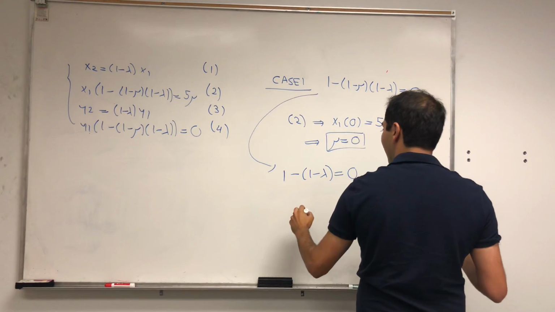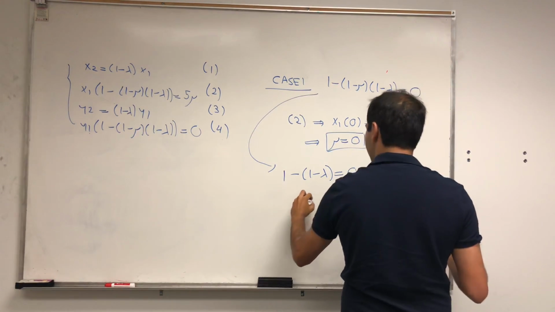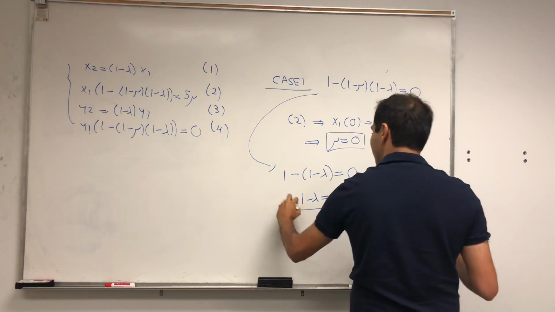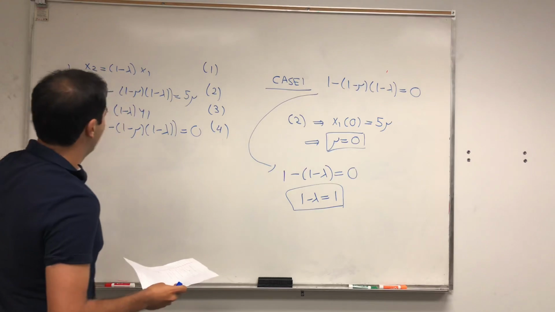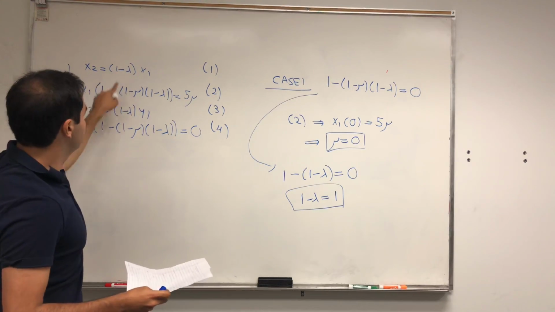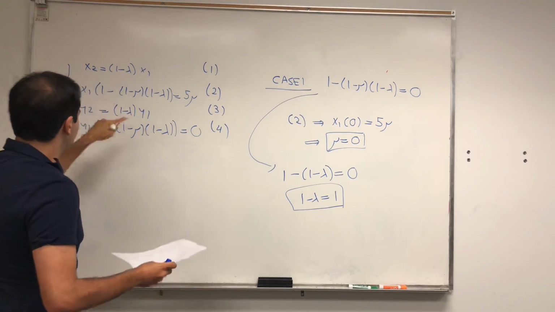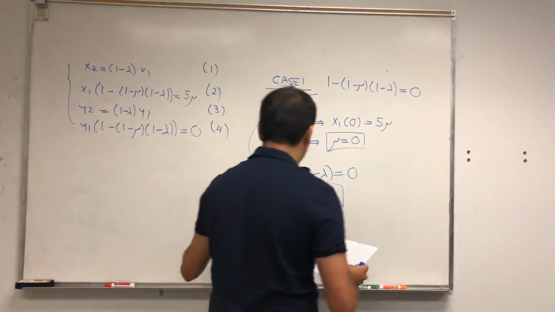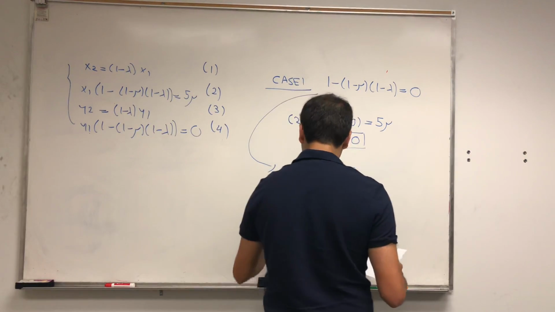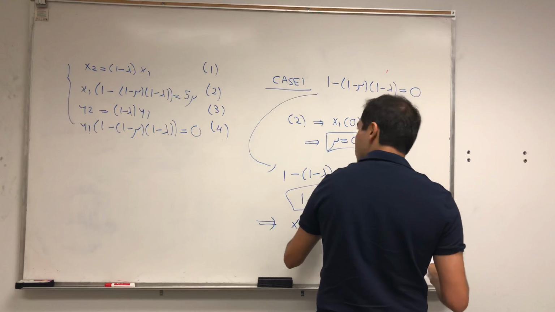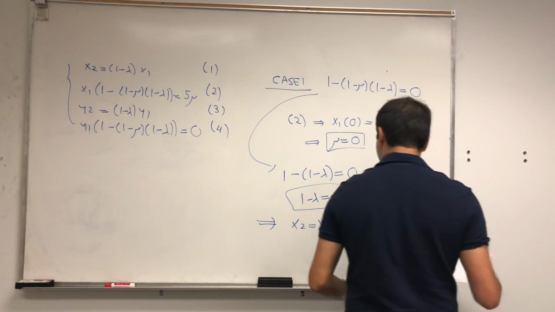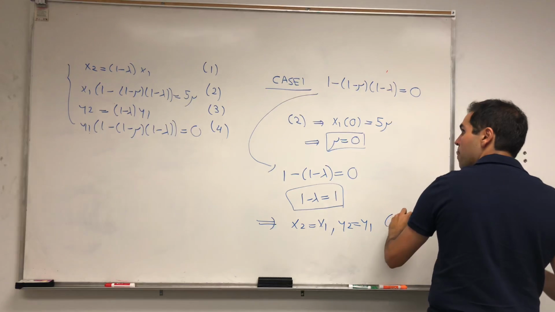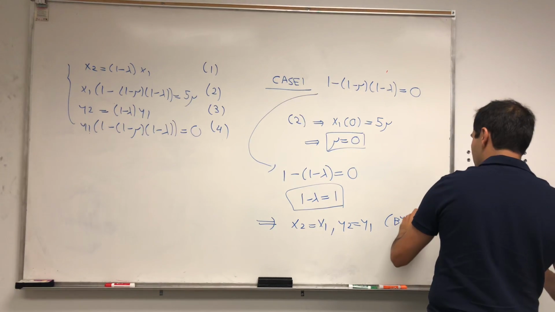And so, if you want 1 minus lambda equals 1, and this is useful because we can just plug it into 1 and 3, because if this is 1, then we get that x2 is x1 and y1 is y2. So x2 equals x1 and y2 equals y1. So by 1 and 3.